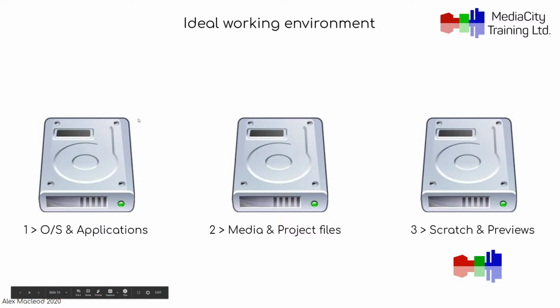Now, my main edit system, which is in this room, but I don't train from it, has quite a few hard drives in it. And those hard drives are all there to do different jobs. So my main workstation, drive number 1, the only thing on it is my operating system and my applications. I've got Windows on it, and all my Adobe apps and any other apps that I use, but that's it.